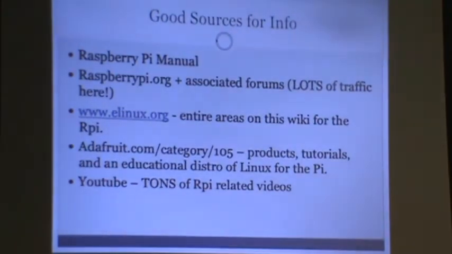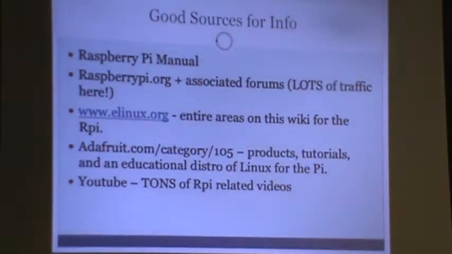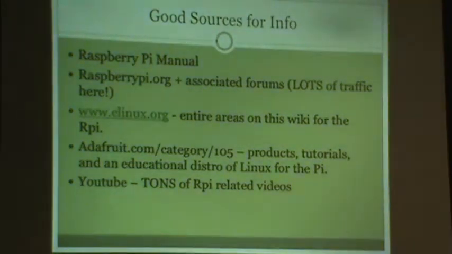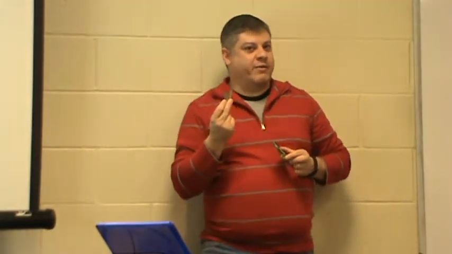So it's optimized for large file writes. Linux does everything as a file, so you're typically writing lots of small files. The older cards tend to be a little bit better in that regard. They don't have to write this huge chunk to be able to get everything in there. So I tend to use Class 6.